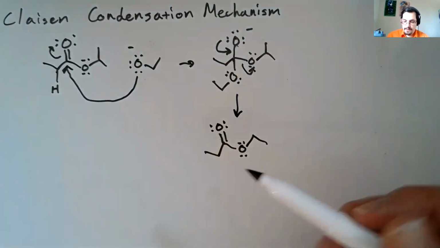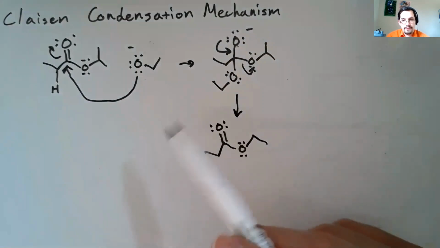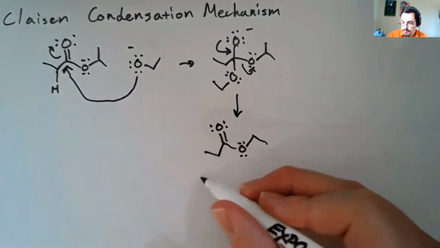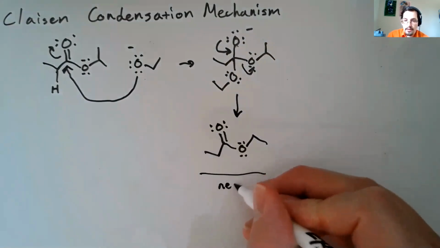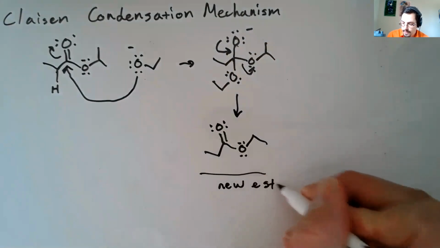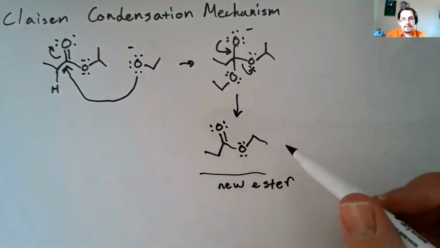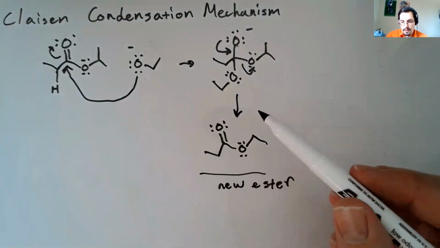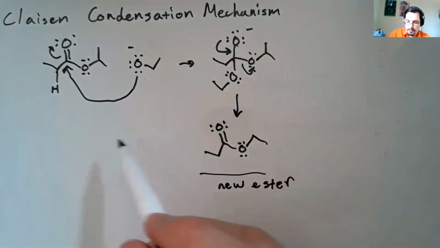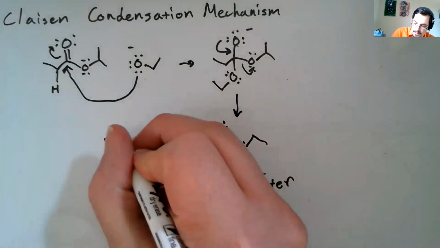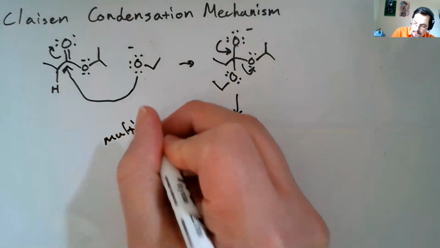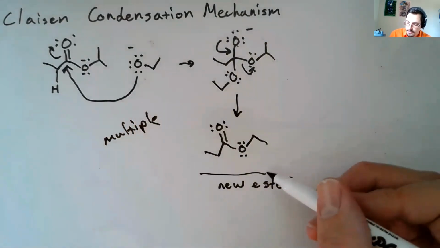So we use this simple nucleophilic acyl substitution reaction. We end up with now a new ester, which will react to create different products in that Claisen condensation reaction. So here we would end up with multiple products forming, because we would have this ester that would react.